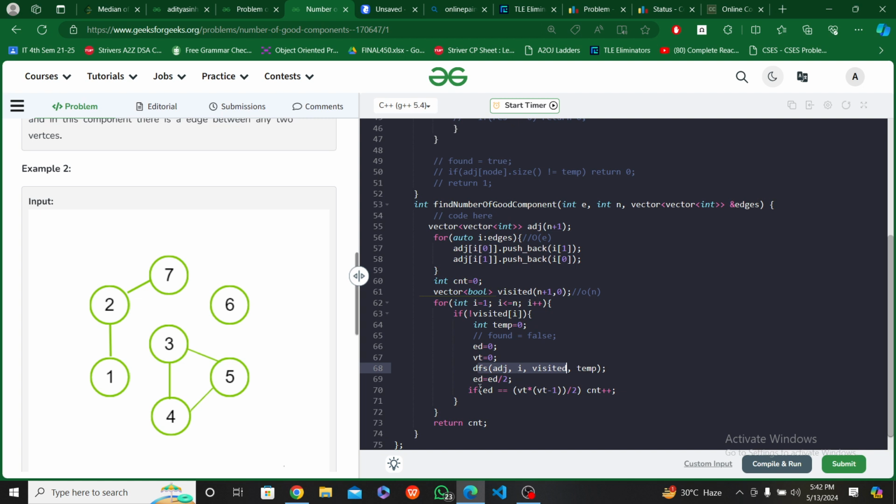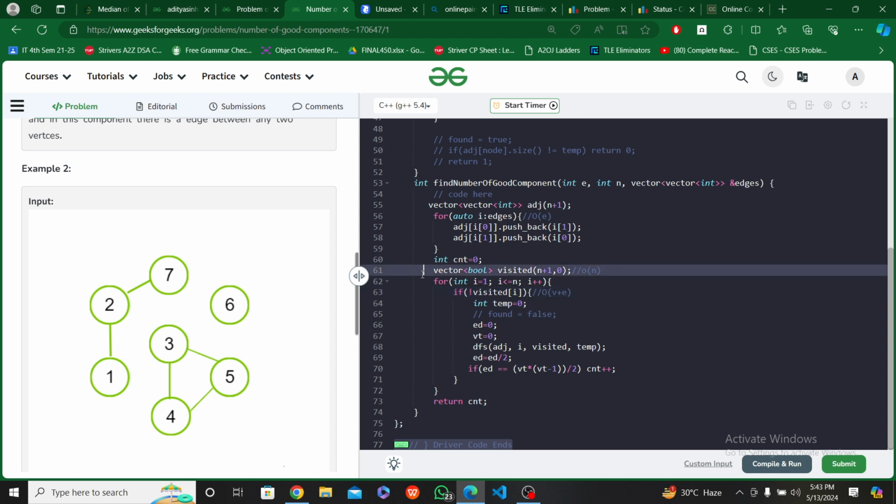So the time complexity of DFS is V plus E, and my overall time complexity will be V plus E.